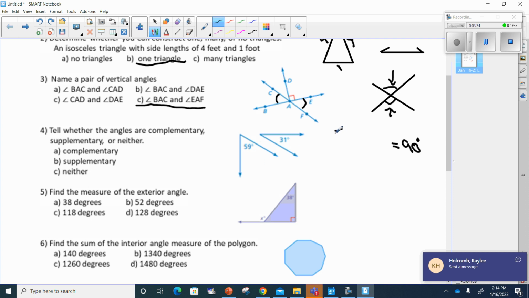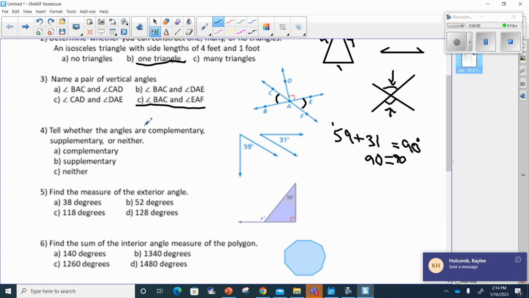And I see that I've got 59. And I'm adding it to 31. And if I do that, 9 plus 1 is 0. Carry the 1. And 1 plus 5 is 6. And 6 plus 3 is 9. 90 does equal 90. So that satisfies the rules for complementary angles.